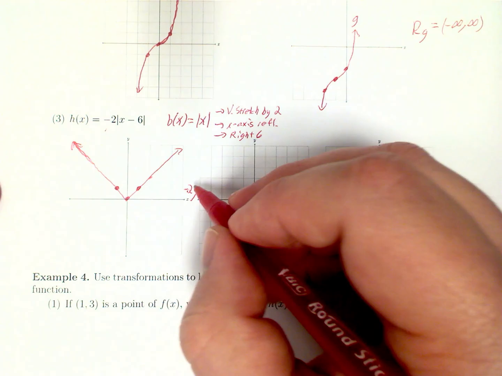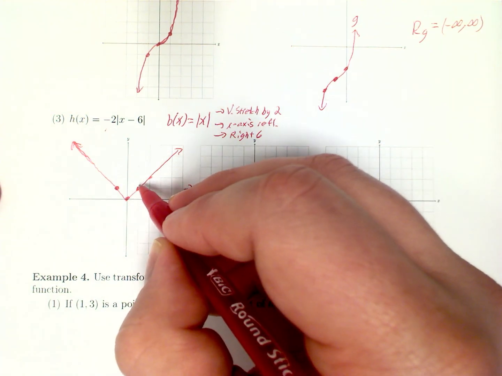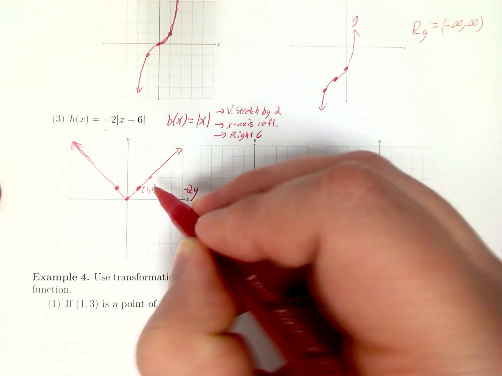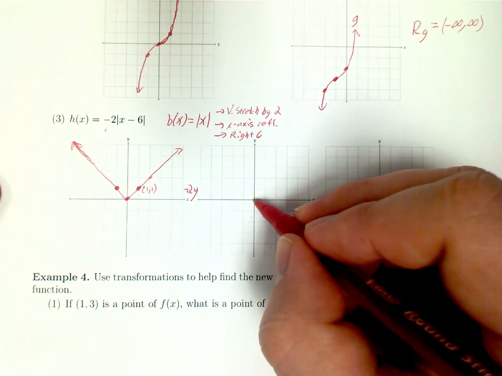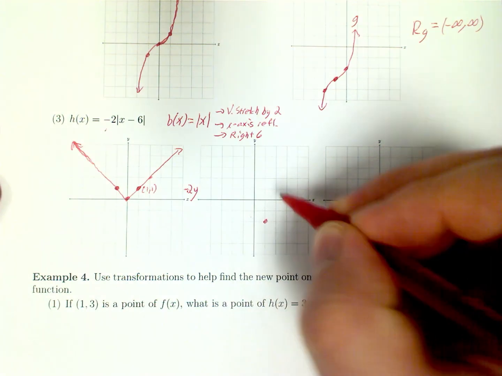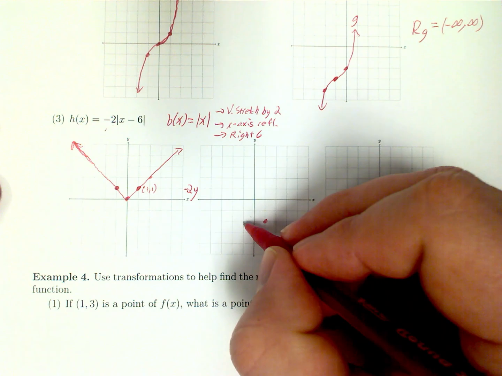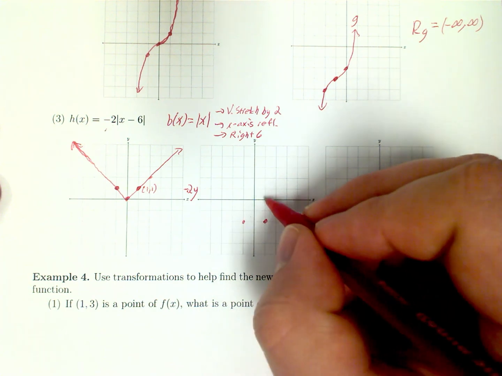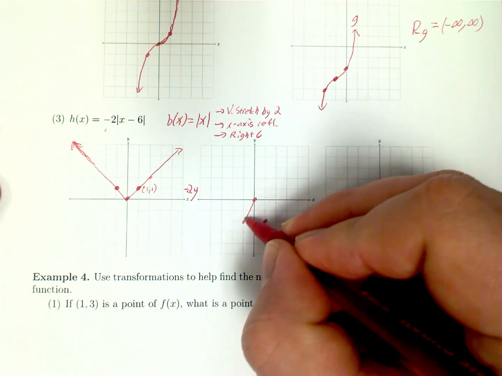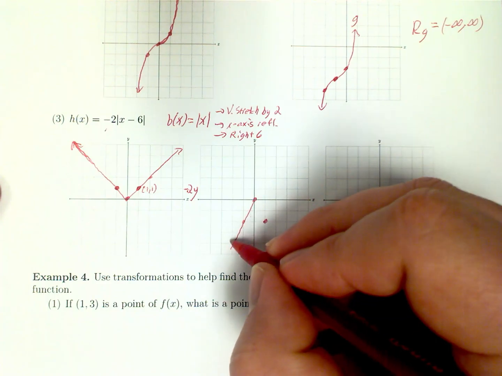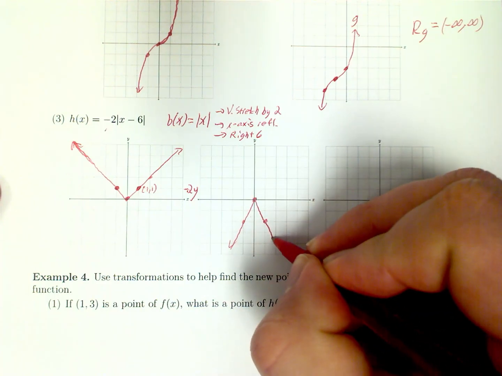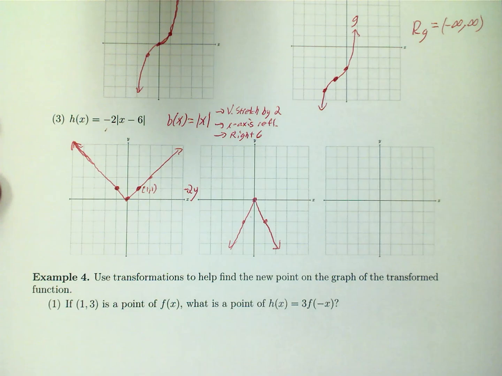So instead of 1, 1, we're taking the y value of 1 and multiplying by negative 2, so it becomes 1, negative 2. And similarly, on the other side, we get negative 1, negative 2. And we get something like this.